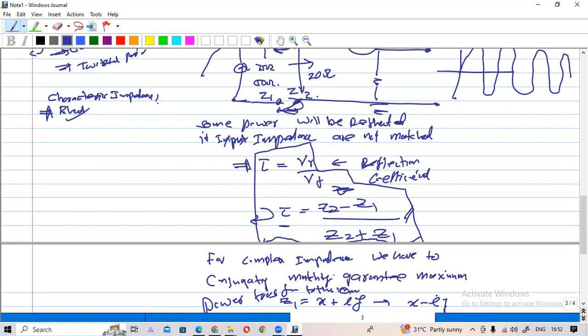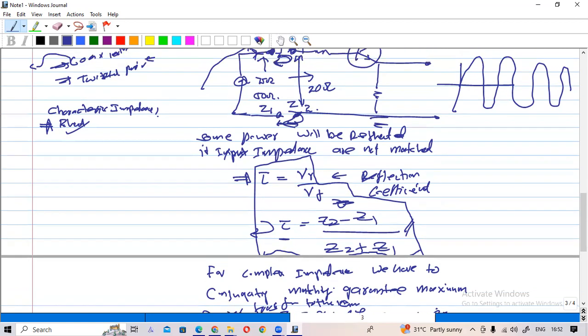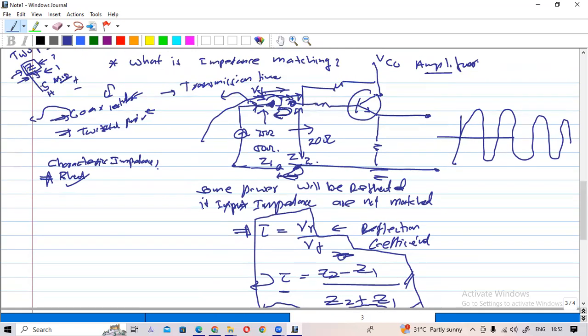Otherwise your circuits will not work properly, because finally there is no power. For example, if you have sent only half of the power, then you amplify that half of the power, so that amplification level may not be enough for the next stage. So input impedance matching is very important.